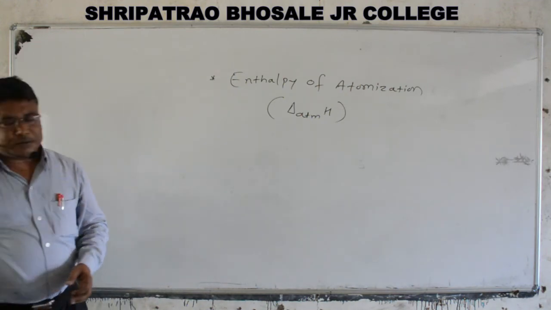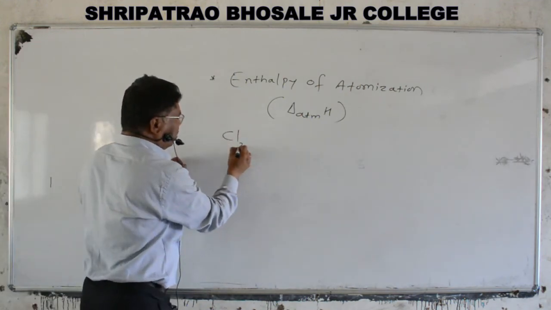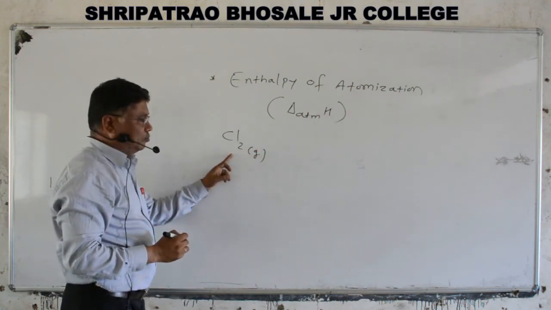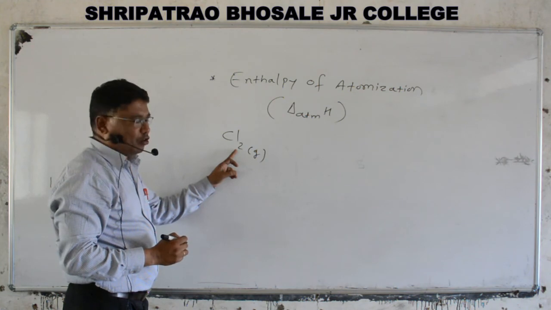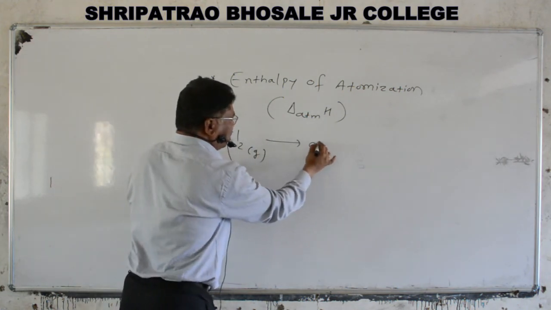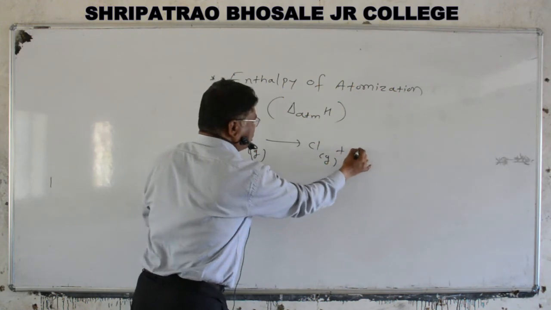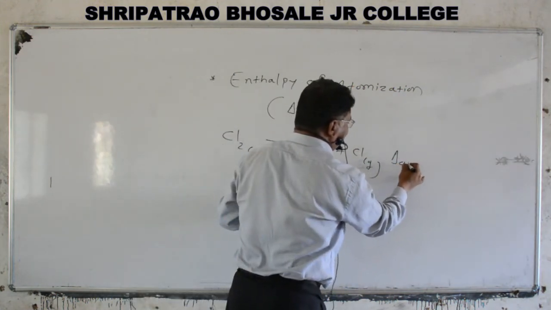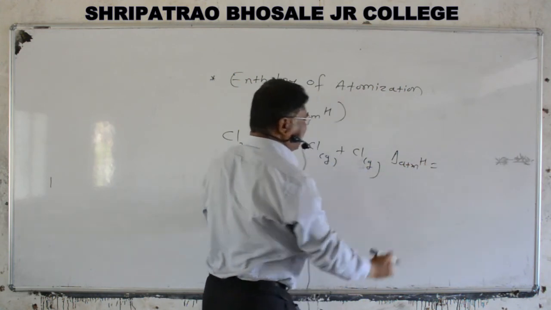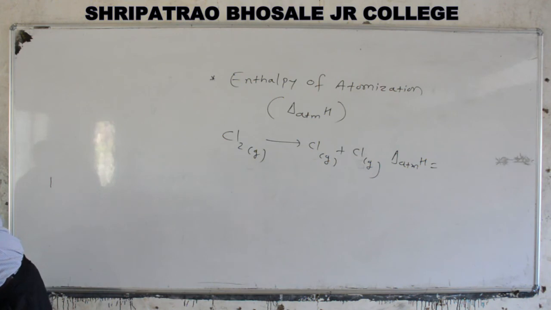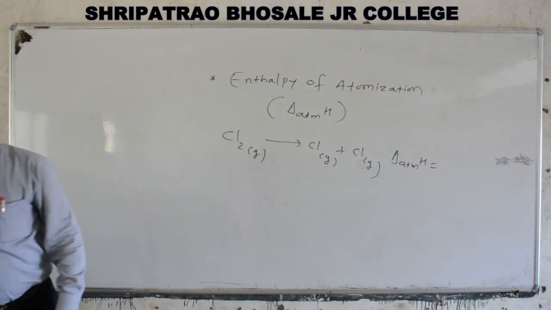You know that chlorine gas molecule Cl2 is diatomic. We want to separate these two atoms, chlorine gaseous plus chlorine gaseous, and the enthalpy of atomization for this reaction is 242 kilojoule per mole.